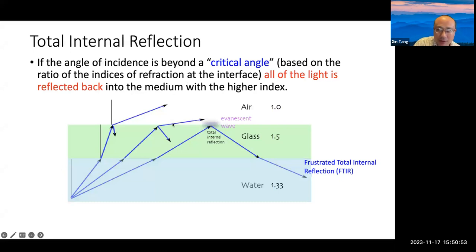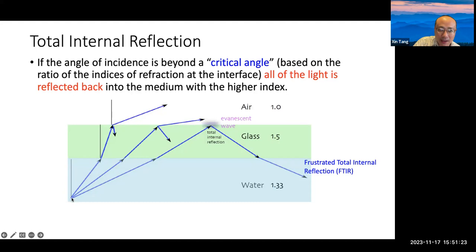If we go in the reverse way, we let the light go from a material that has a higher refractive index and penetrate into a material that has a lower refractive index. Then the light will bend even further away from the vertical normal direction. Here is an example with three materials.